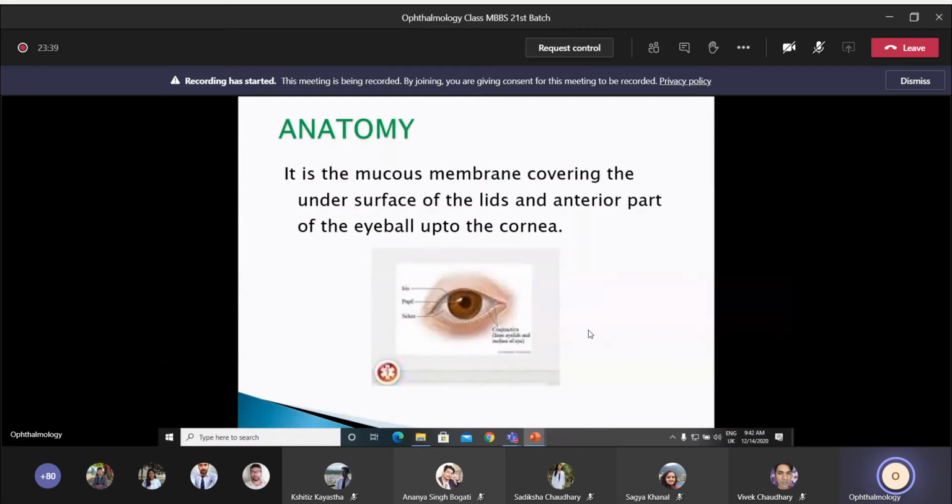It covers the undersurface of the lids and the anterior part of the eyeball up to the limbus, the meeting point of the cornea and sclera. All that portion is the conjunctiva, which is basically a mucous membrane.